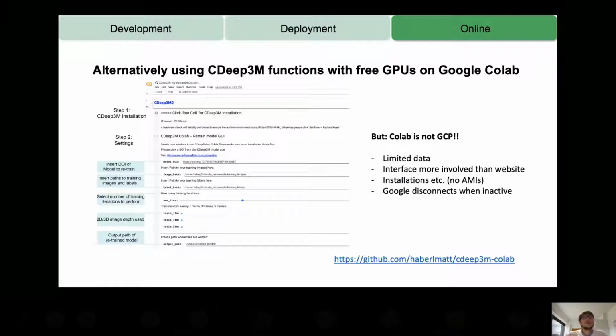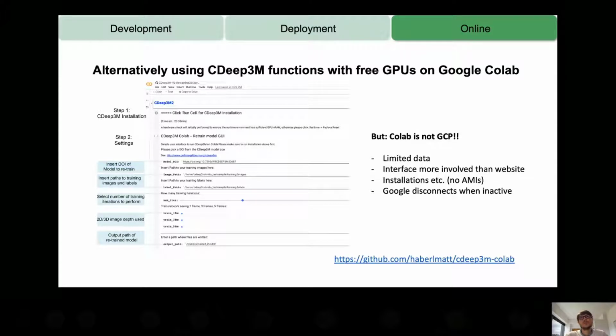So I mentioned we also do have a Colab implementation, but as I mentioned, it's kind of restricted in what you can do with Colab, just because it's not a commercial provider, and so it's not Google Cloud, it's this free product, so you're very limited in the data. The interface is more involved. You need to install your dependencies.